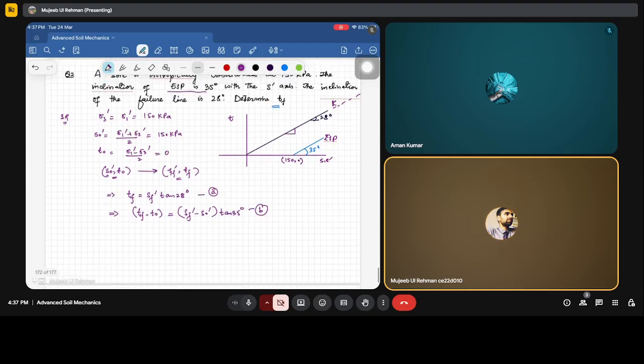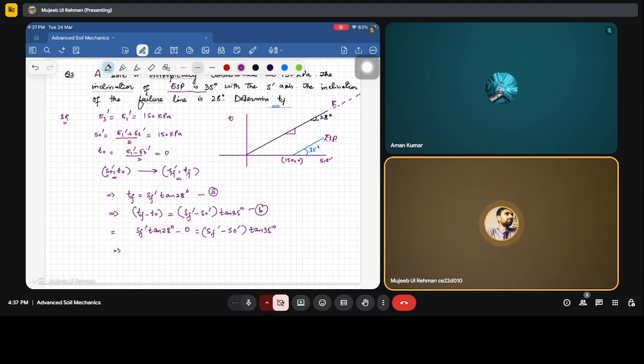Now we have the equation of TF in terms of S and T naught is 0. Can we put TF is equal to SF dash tan of 28 degrees minus T naught is 0. SF is SF dash minus S naught dash tan of 35 degrees, and S naught is 150.